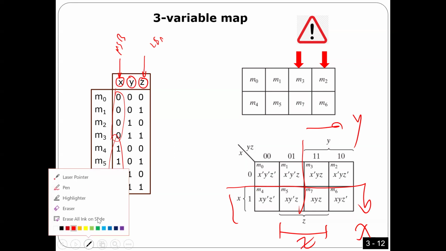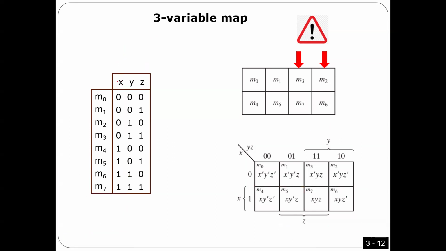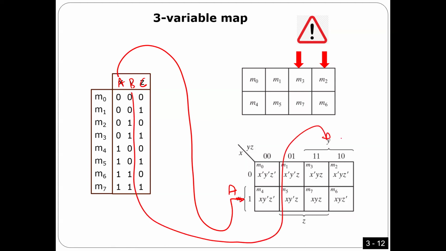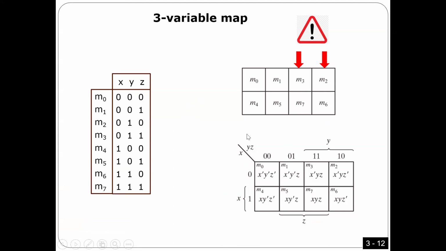In one problem, for example, I can make it A, B, C. There is no problem. Whatever you have here is going to be here. You understand what I'm saying? So I can trick you, or someone can trick you.